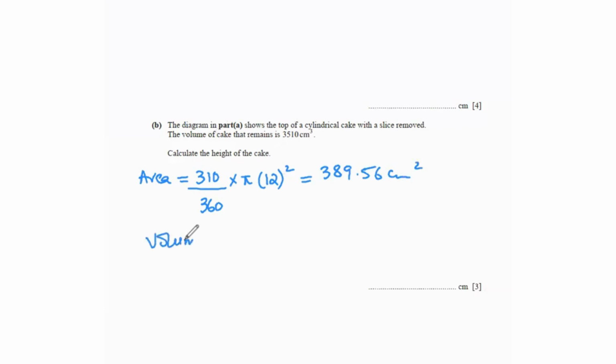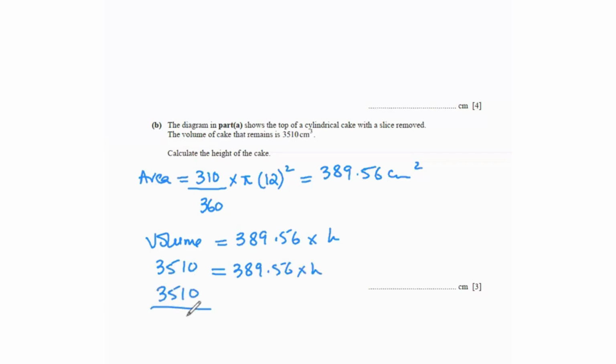So volume is basically your cross section times the height. So 3,510 equals 389.56 times the height. So we divide 3,510 by 389.56 to find the height. And that is going to give us 9.01 centimeters. That is the height of the cake.